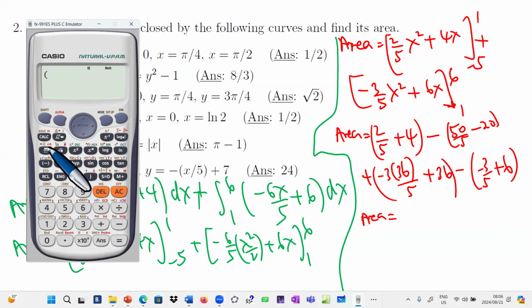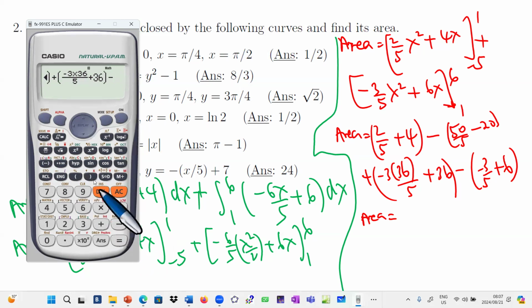Open bracket, 2 over 5 plus 4, minus 50 over 5, minus 20, plus, okay, then you have minus 3 times 36, you divide by 5, you add 36, you close the bracket.